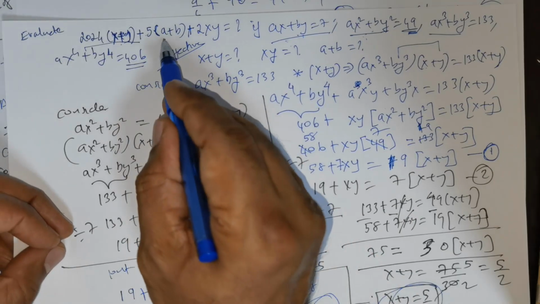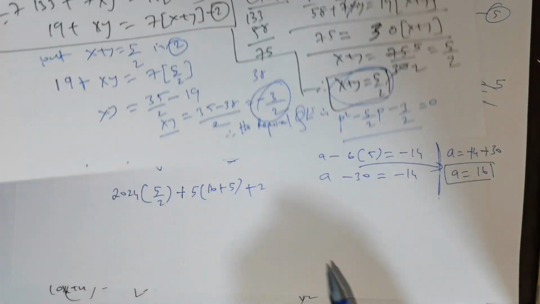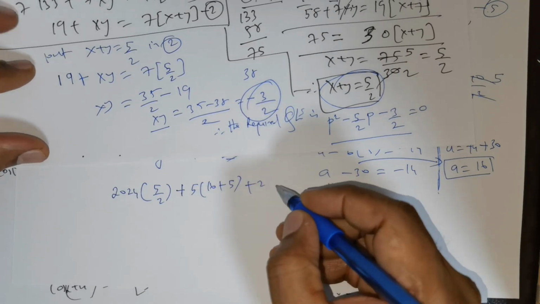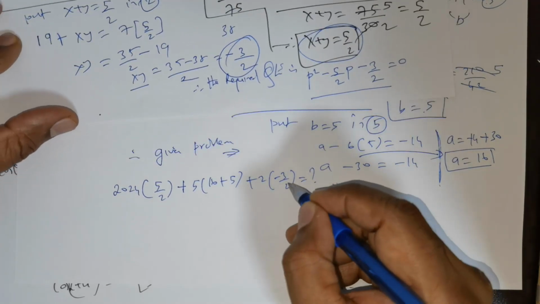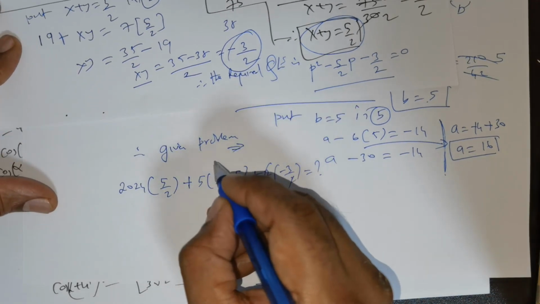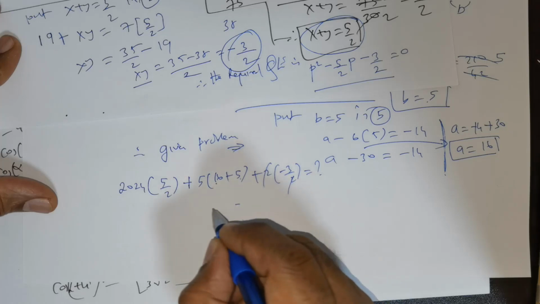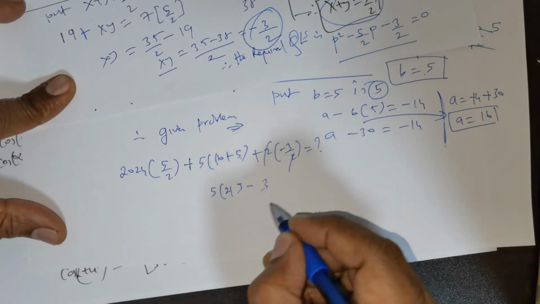You see here, for a plus b we have to place the a plus b value. Plus 2 times x into y. What is x into y? Negative 3 over 2. We have to find this value. 2 can be cancelled. 16 added with 5 is 21. 21 multiplied, so let me write that down, 21 and over here is negative 3.